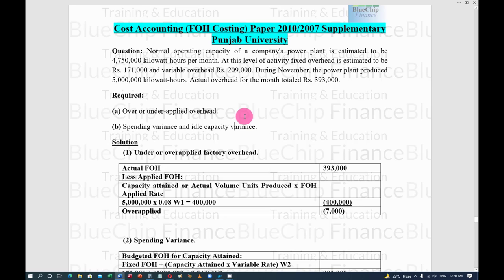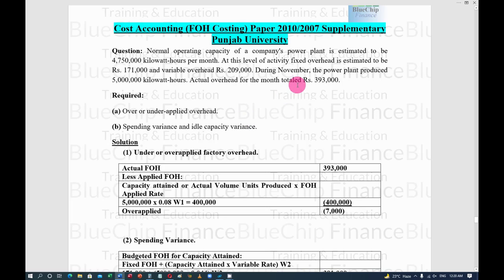Further, the FOH applied rate is always equal to fixed rate plus variable rate, and there are many ways through which we can calculate fixed and variable rate.